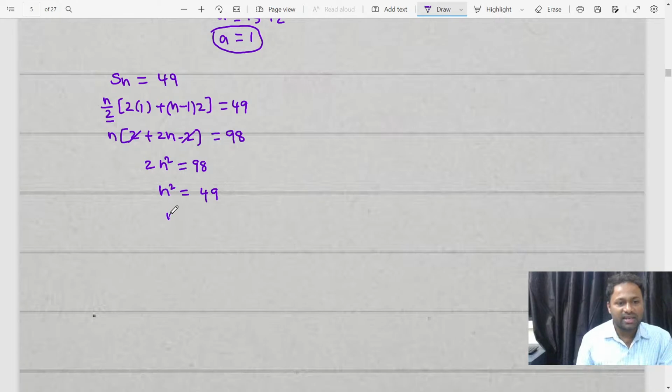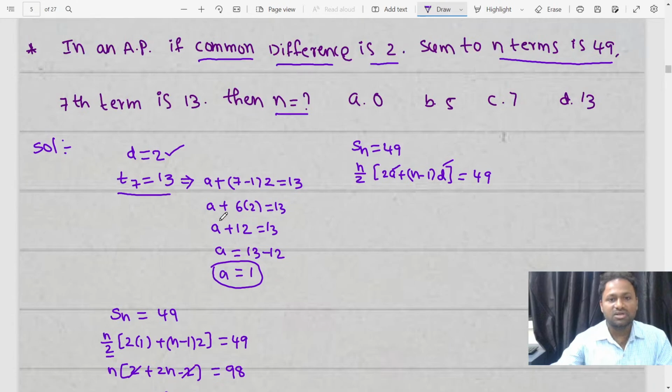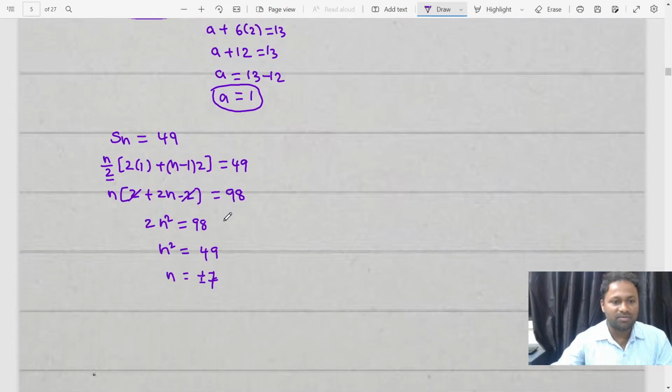Okay, so n is equal to plus or minus 7. But n, what was asked? It was asked number of terms, and the number of terms should not be negative. That's why n value will be 7.